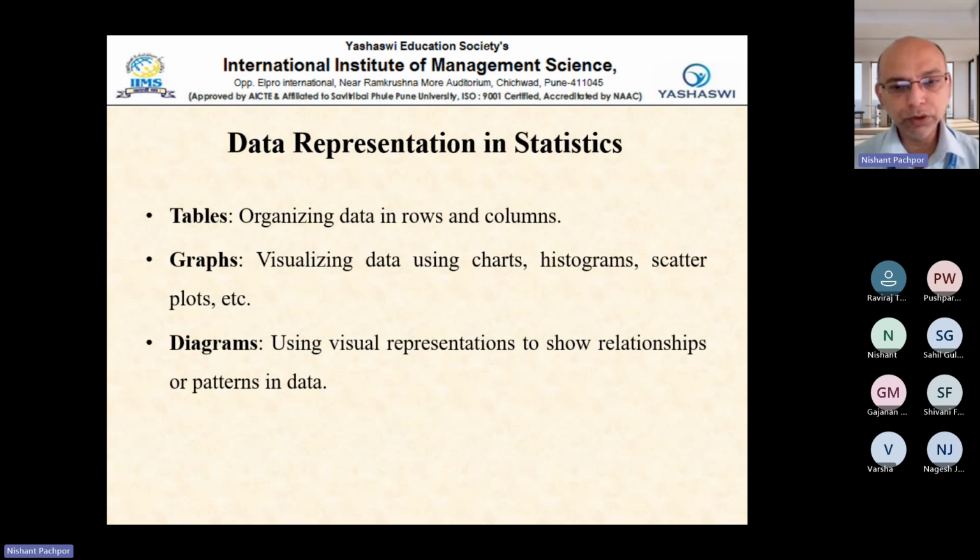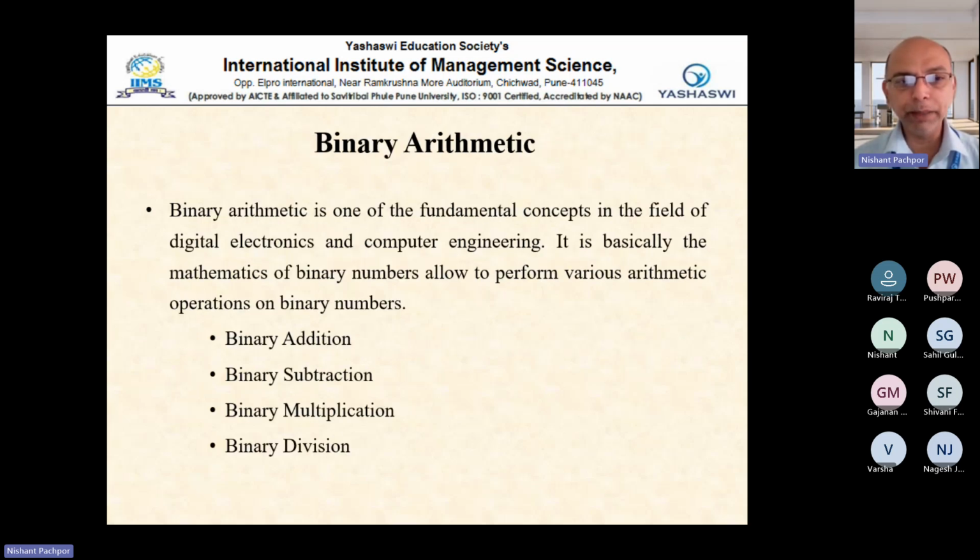Printerचा symbol वेगळा दाखवेल, outputचा symbol वेगळा दाखवेल, त्याचे वेगवेगळे symbols आहेत that show with the diagrams. So these are the three different statistics we use for data representation. First is the table, the second is the graph, the third is diagrams. So these are the different data representation types.